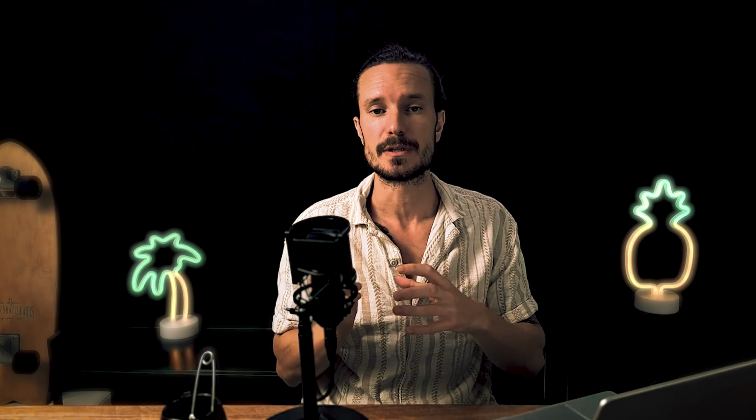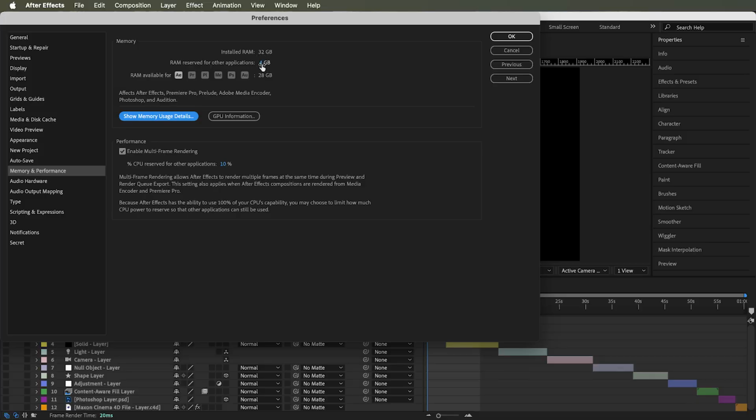A tip here could be to always try to use even numbers when you're trying to distribute the RAM between After Effects and other applications, because it's said or perhaps rumored that After Effects should work better when you're working with even numbers. So might be a tip that's actually worth checking out. As with here, for example, using 4 and 28.